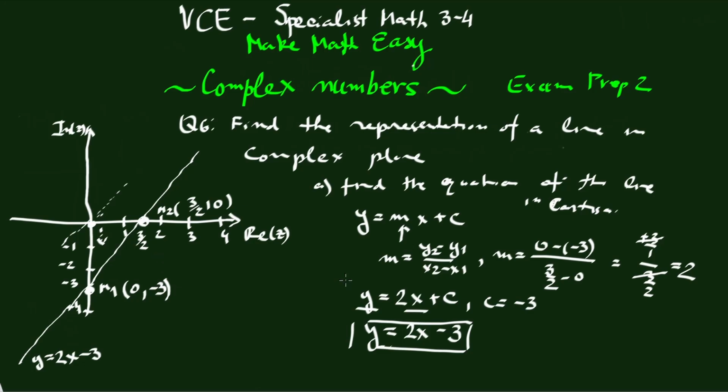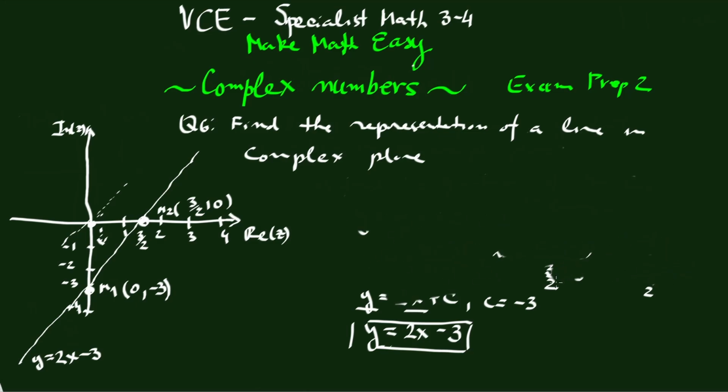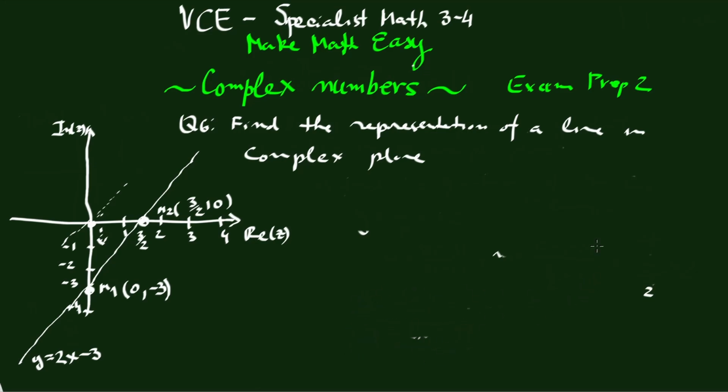So, how do we do that? Well, there are two ways. We can answer the first one very easily. If you want it in the form of real and complex parts, then you can answer it easily.